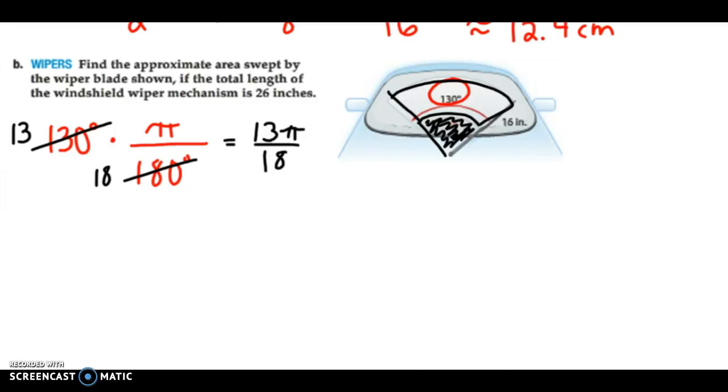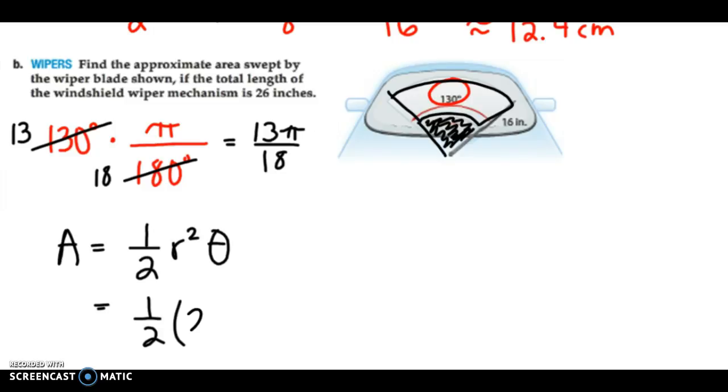So we find the area of the whole sector itself. Area of the whole thing. 1/2 times radius squared times theta. Okay? Whole area itself, the radius they said is 26 inches squared, and then the angle stays the same, 13 pi over 18. Okay?